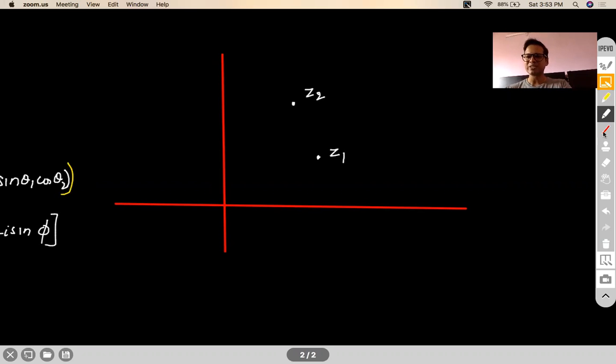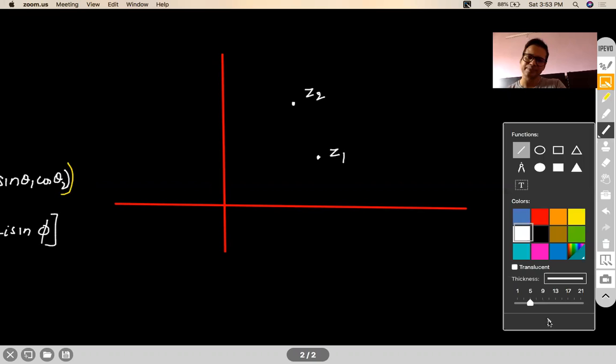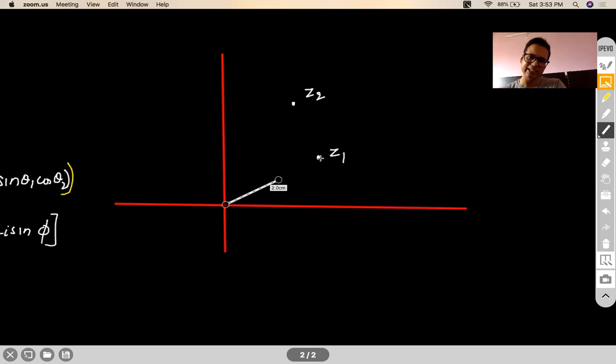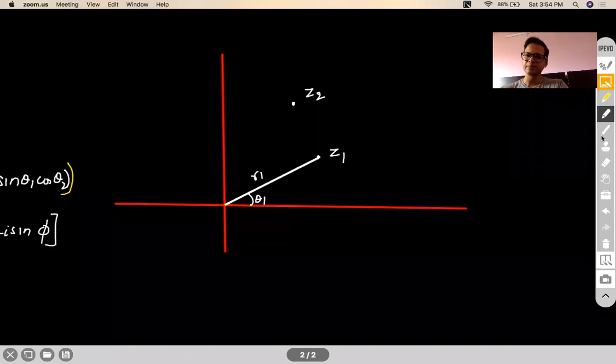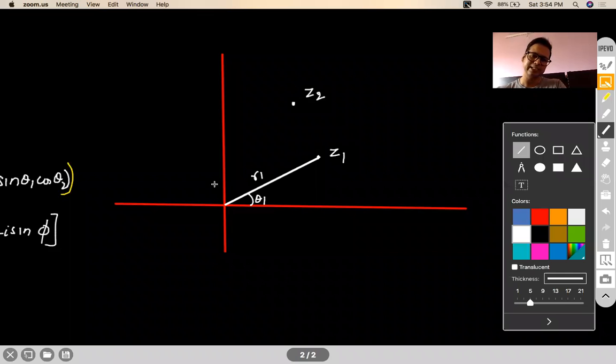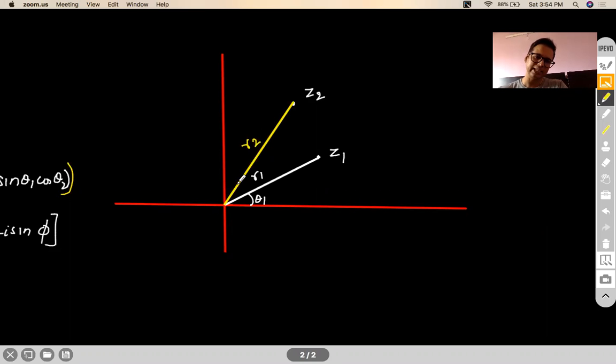This distance is R1, this angle is θ1, and this is R2, and this is θ2.